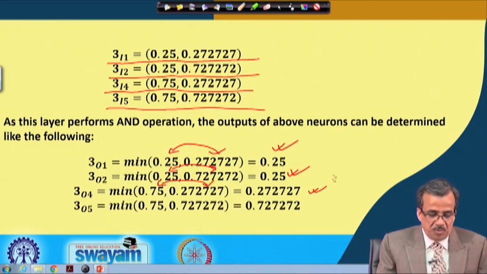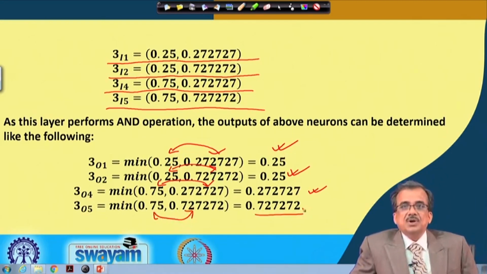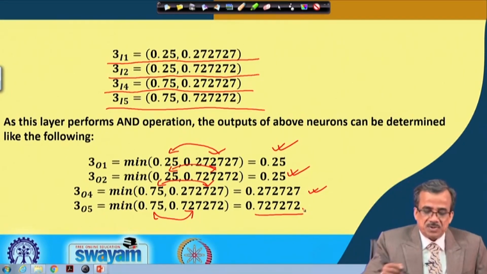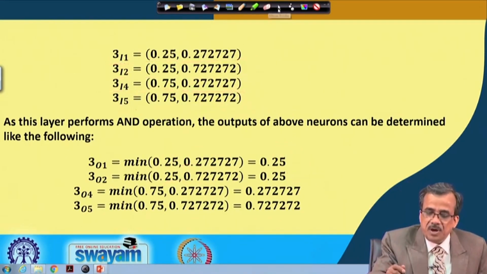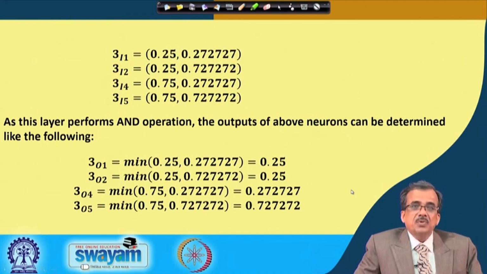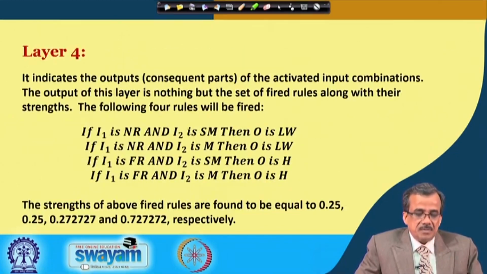So, this is the output, and 3O5 is the minimum between these two, and this is actually the output. So, we try to find out the minimum of the two mu values, and once you have got this, we are in a position to know the output of the third layer.